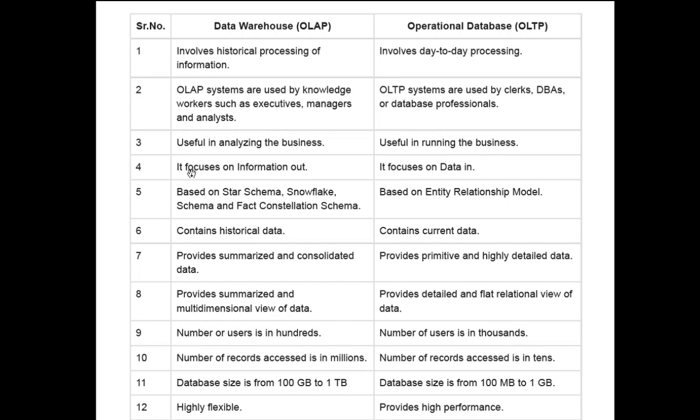Here OLAP focuses on information out, or finding the important information, and OLTP focuses on data input. With the help of OLTP we are getting the data from different operational systems or operational databases, and with OLAP we are analyzing the data to get some insight.